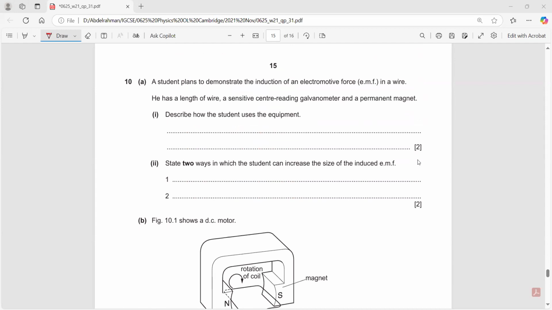If you remember the drawing in which we had the North Pole and the South Pole, and then we had the wire which was connected to the voltmeter or the ammeter or the galvanometer, and then you started moving the wire up and down. So connect the wire to the galvanometer.